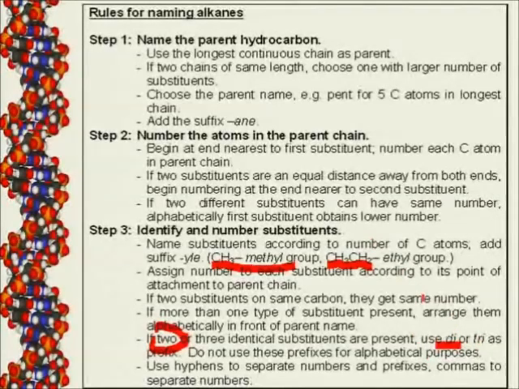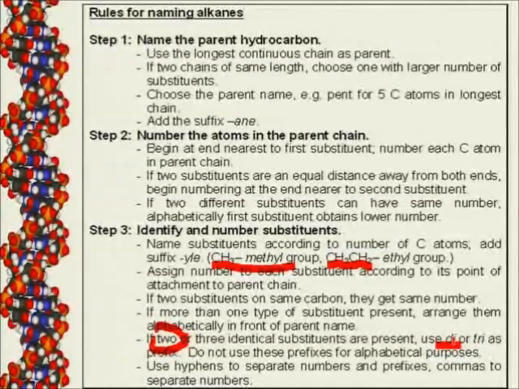Or if it's the ethyl, it will be diethyl or triethyl. All right? And then when you look at the number of the parent name, the di and the tri do not affect the position of your naming.